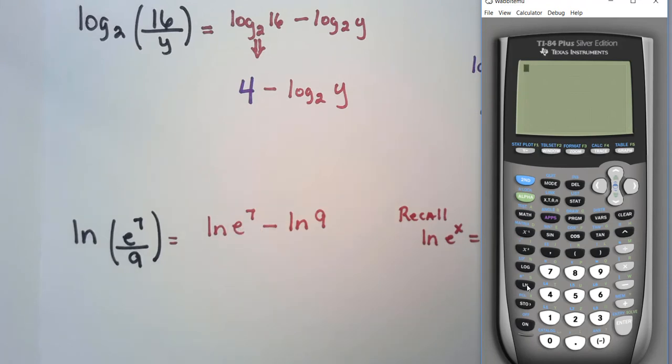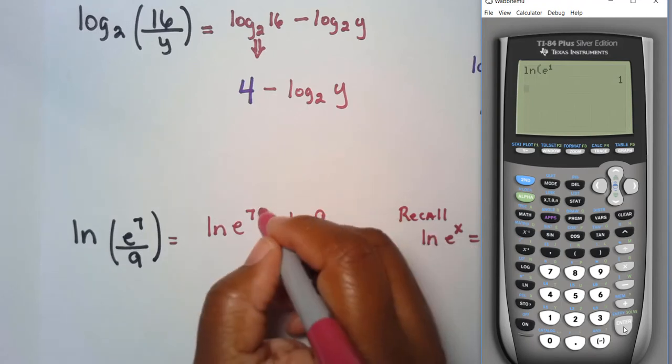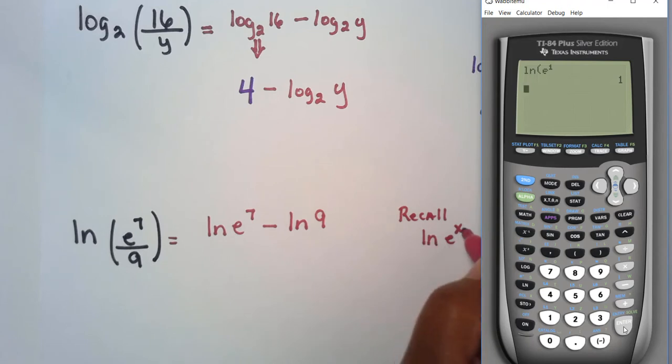If I only wanted to focus on just ln of e, remember that ln of e is 1, so ln of e to the first power. Let's look at that. Let's do second and ln of e to the first. Okay, let's press enter. It's going to give us 1. So anytime we have ln of e raised to a power, it's going to equal that power.